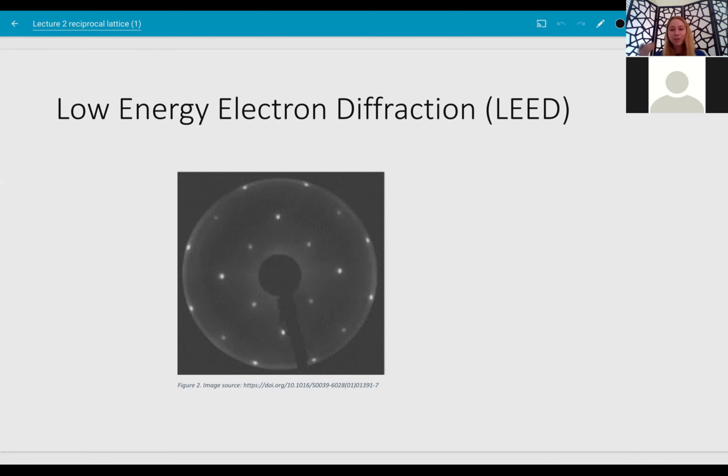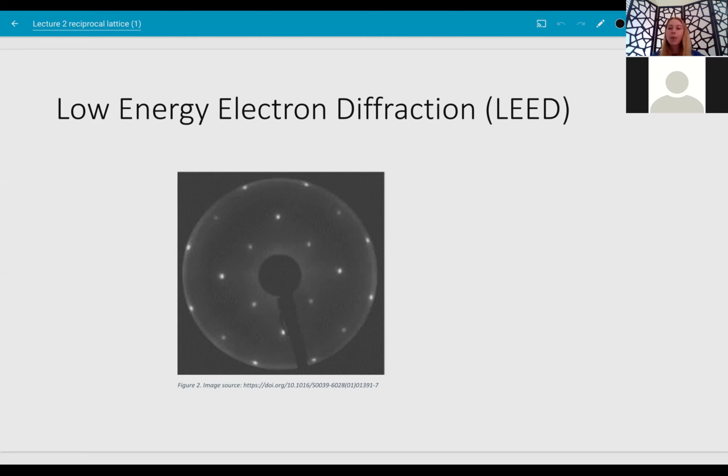Low energy electron diffraction, or LEED, tends to be a very surface sensitive technique. It only measures roughly 1 or 2 atomic layers. X-ray is a little bit more bulk sensitive, so it measures about a micron deep or so, depending on the energy of the X-rays. And finally, neutron scattering is a bulk sensitive technique.